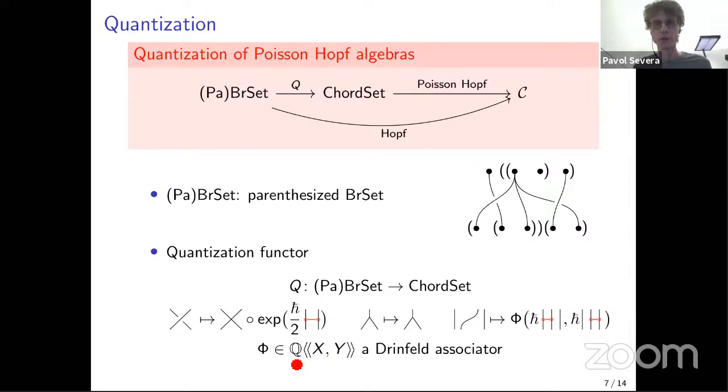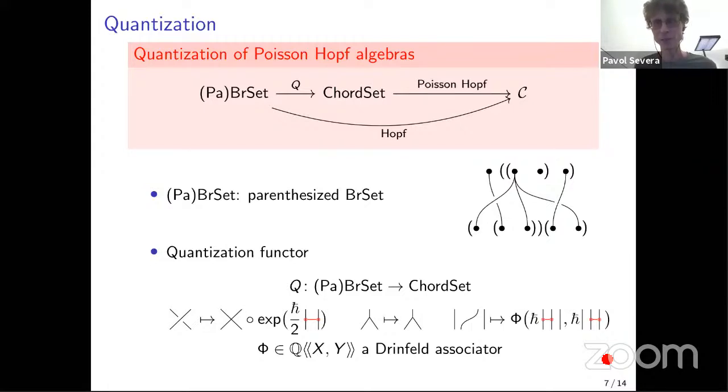Okay, so that was the quantization of Poisson Hopf algebras. I hope it was not too fast, because I want to tell you where it came from. The reason is that I think there are still many other similar things hidden there, which were not fully explored.